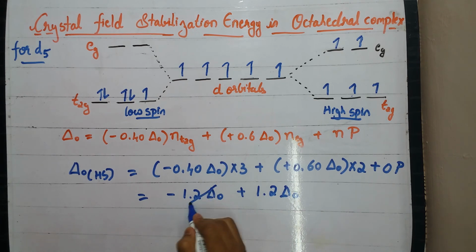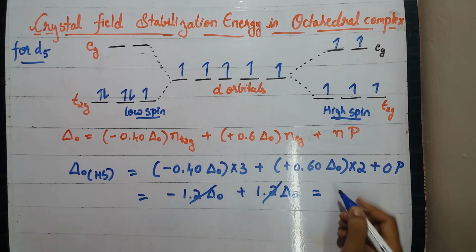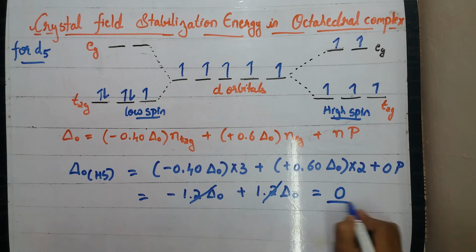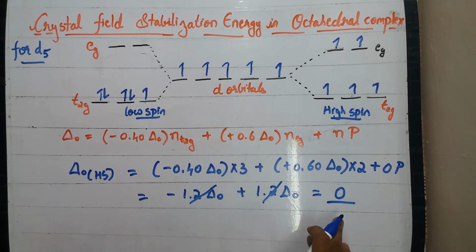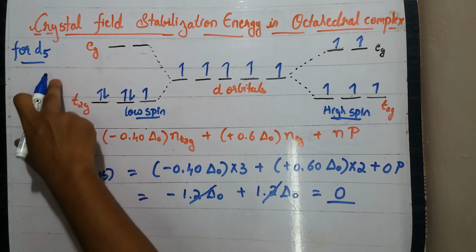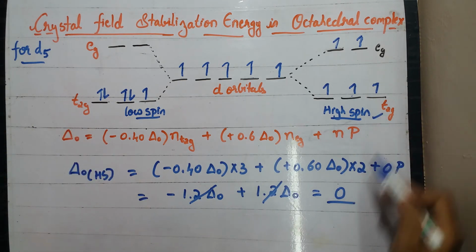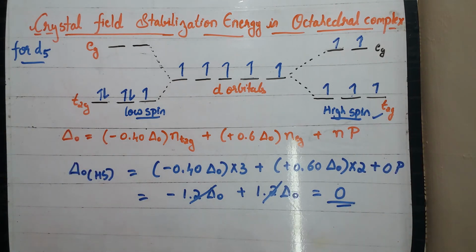This would get cancelled, hence it would be 0. That is the crystal field stabilization energy for a d5 system in the high spin complex, which is 0. So in this way we can calculate the CFSE in octahedral complexes for different systems.